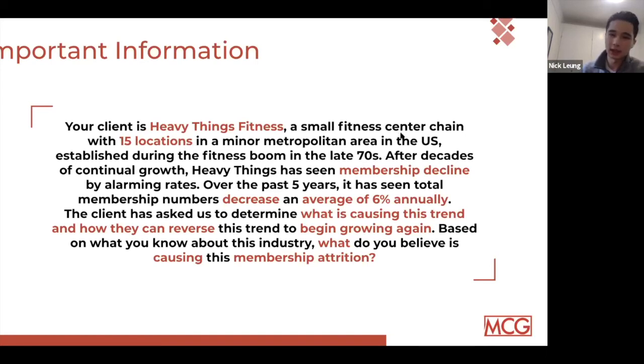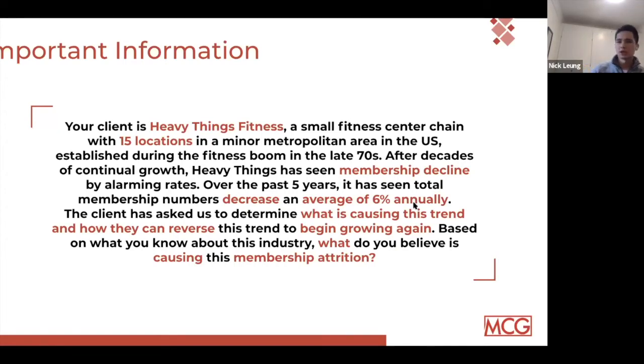Something else I didn't highlight, but is also important, is that they're located in the US, specifically in city areas. And then what the problem is: there has been this membership decline. Also notice that anything quantitative, any number figures they're giving me, I'm writing down, whether it be the 15 locations or the average decrease of 6% annually.